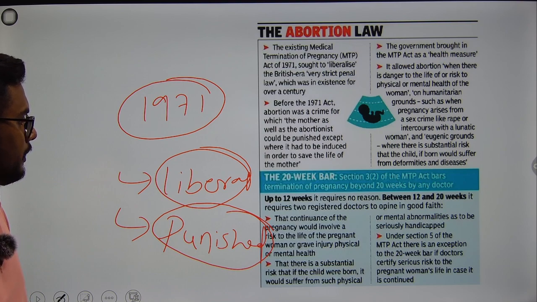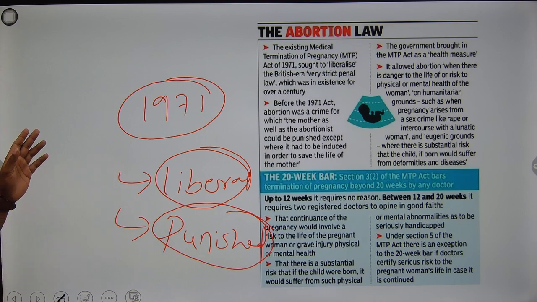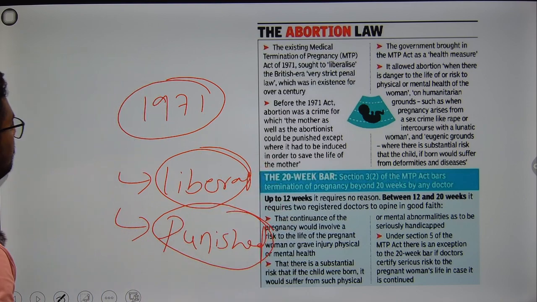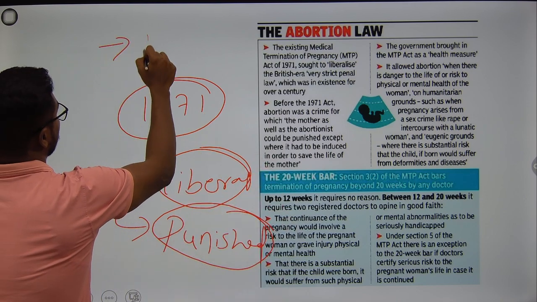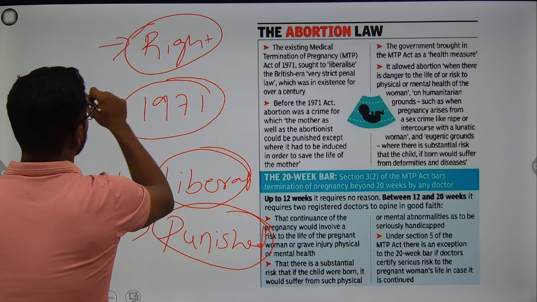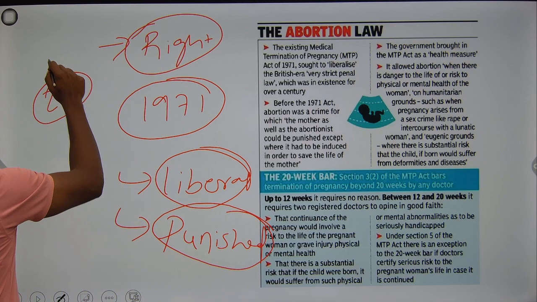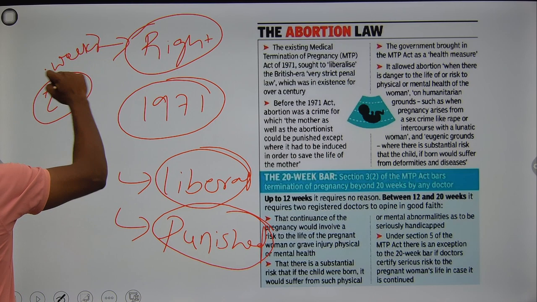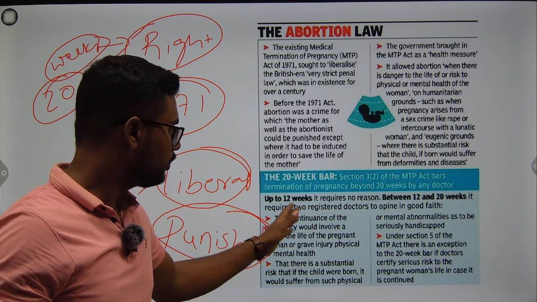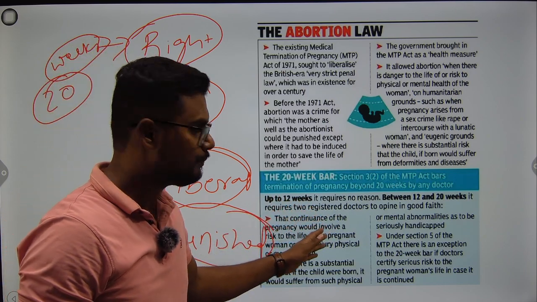Unless it was severe. But with the introduction of the Medical Termination of Pregnancy Act, abortion was allowed as a right, but only for 20 weeks. That too, up to 12 weeks, there was no need for any permission.